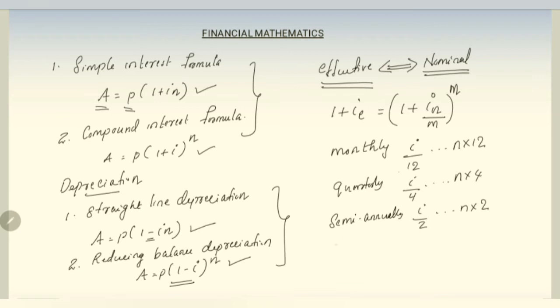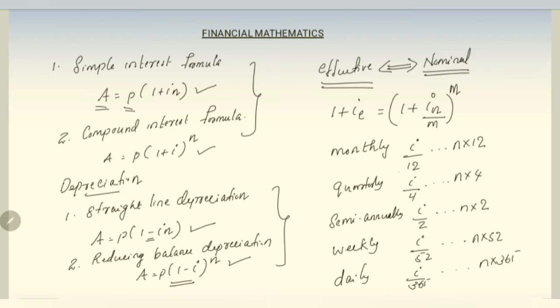Then weekly is there, but hardly do they ask about weekly. If it is weekly, then i divided by 52, that is n times 52. The number that you are dividing the i with, you have to multiply with the n. Then daily also can come, which means i divided by 365 or n multiplied by 365.